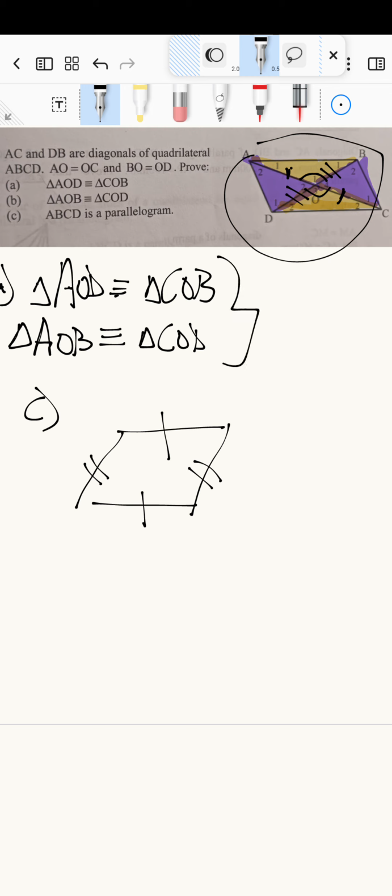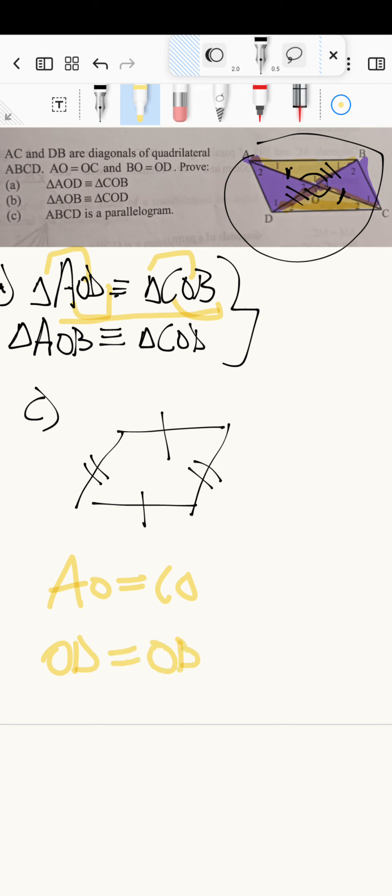If I look at our first statement over here and look at the order of the letters, I know that AO equals CO. Again, first and second are going to equal each other. I know that OD and OB are equal. The order of the letters tells me all of this.